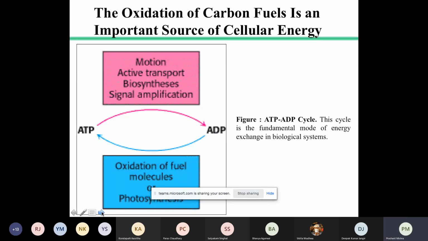And the second way is oxidation of fuel molecules, could be glucose molecule, could be fat molecule. And then today we will talk about, is there any general theme? Is there any general way in which all the molecules are being processed, or all the molecules are producing energy, or they are moving in a different direction? So all those concepts we will be talking about today.